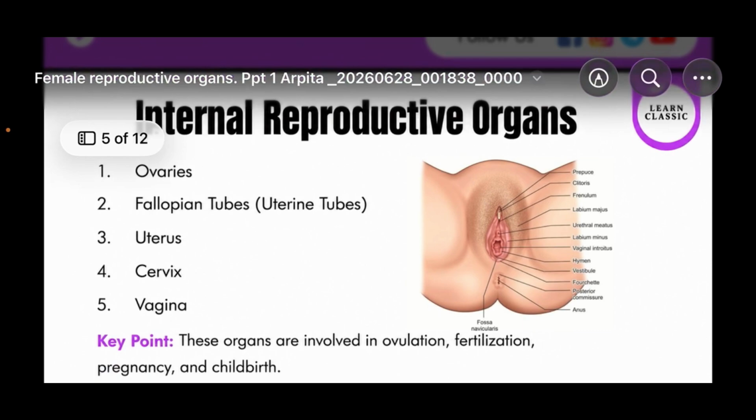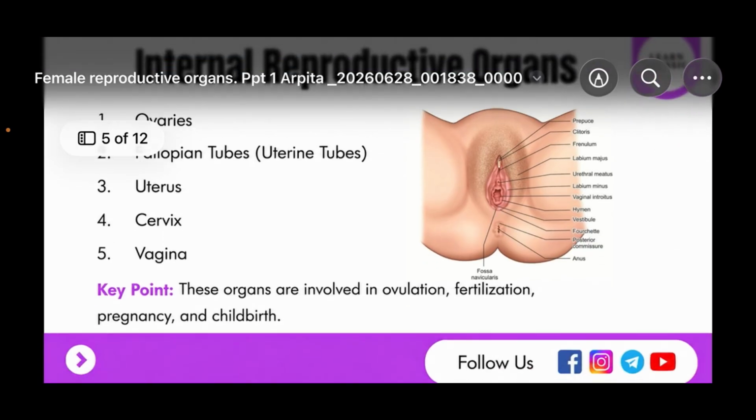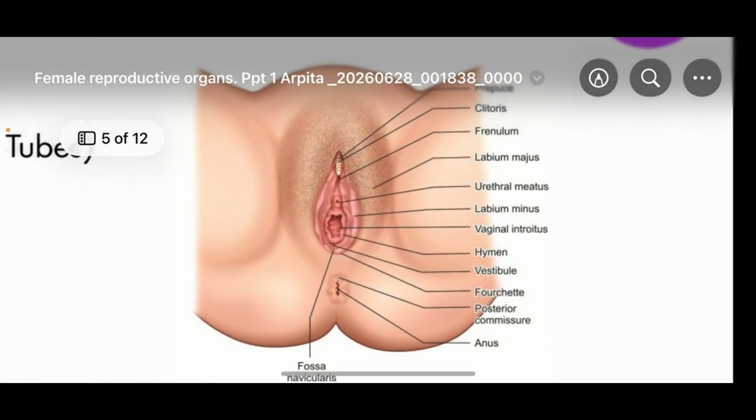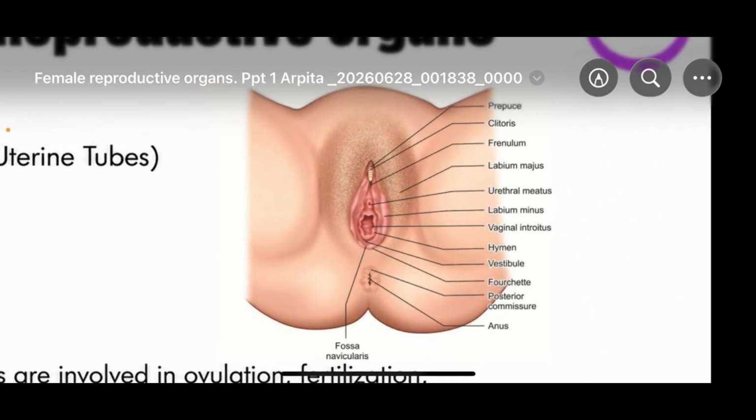Now female reproductive organs. It consists of the ovaries, fallopian tubes, that is the uterine tubes, uterus, cervix and vagina. These organs are involved in ovulation, fertilization, pregnancy and childbirth. You can see in the image, the top one is the prepuce, then clitoris, then frenulum, labia majora, labia minora, urethral opening, vaginal opening.